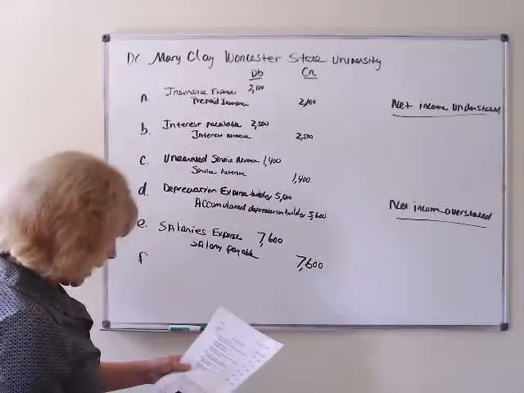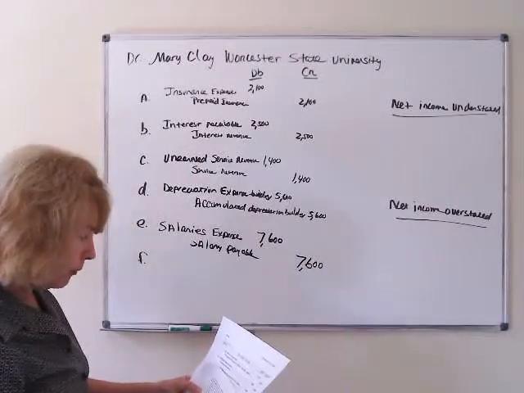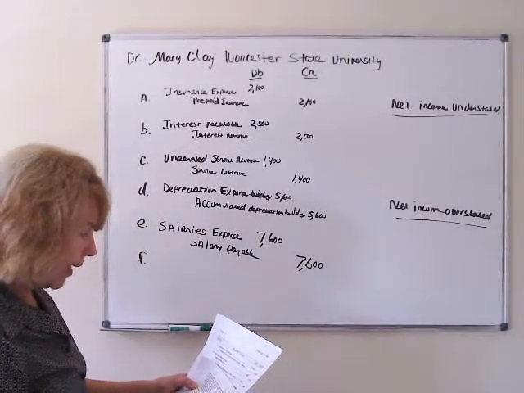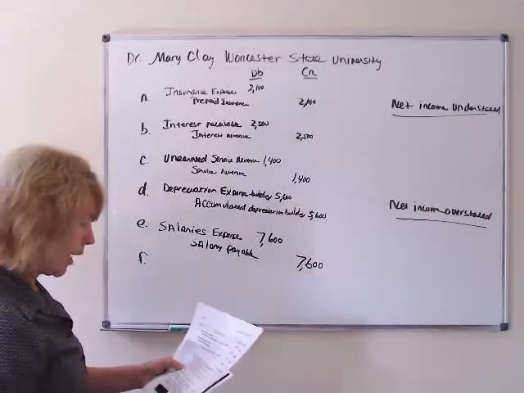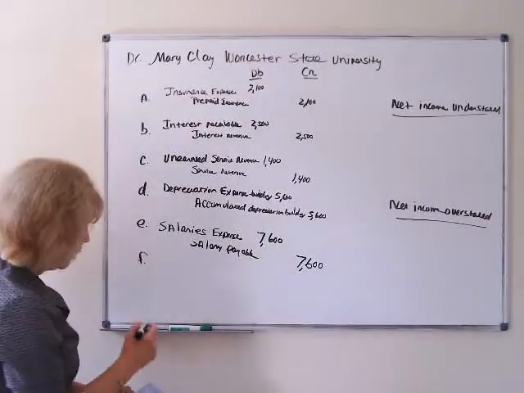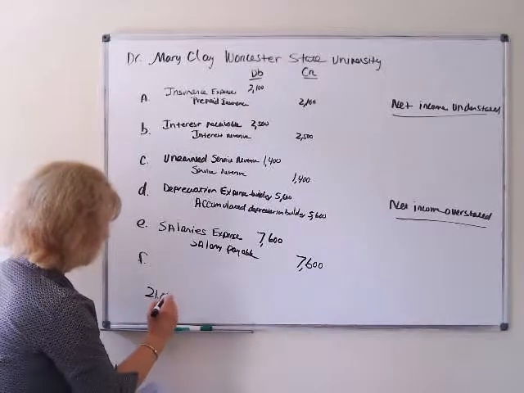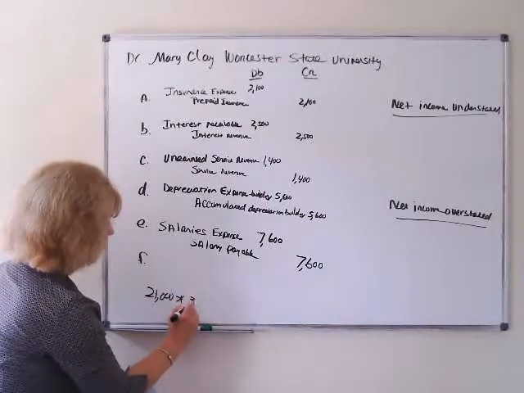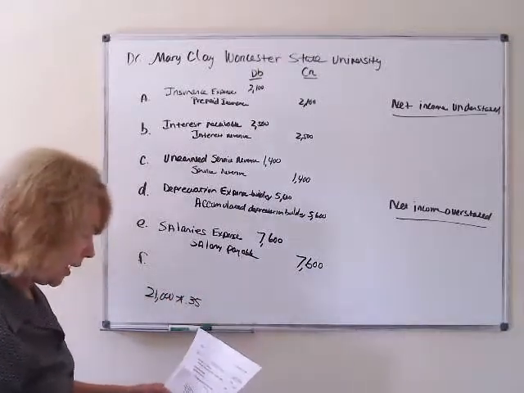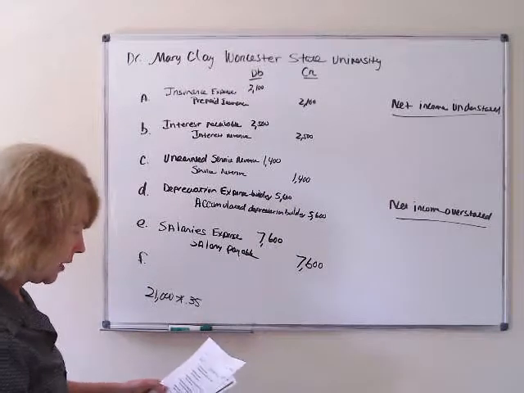All right, then F, here's what it says. Income before income tax was 21,000. Income tax rate is 35%. So you're just going to take 21,000 times 0.35, and then we're going to make the adjusting entry.